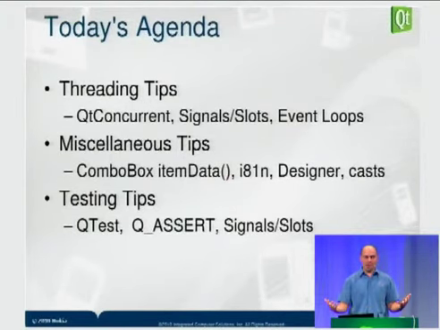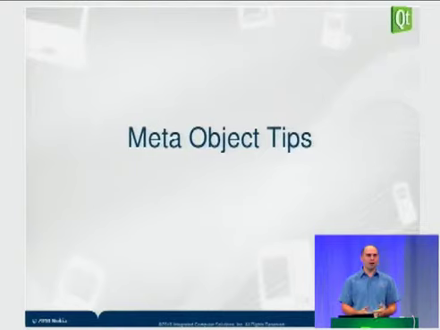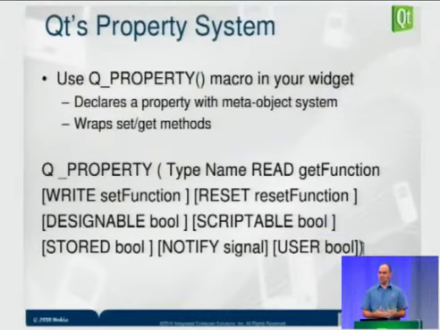So the first tip is with the meta object system, using Qt properties. Some of you may have seen this macro when you've been working on widgets, say, reading the Qt source code. The question is, what does this do? Well, the idea is that you can take functions that you've already written. Generally, you'll have a member variable and a getter and setter for that property of your class.